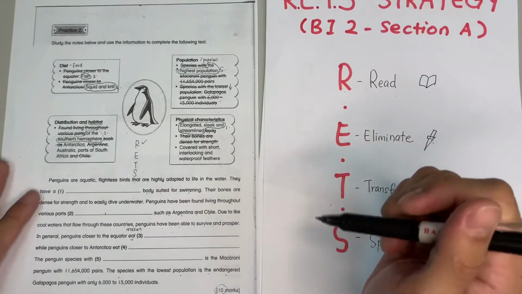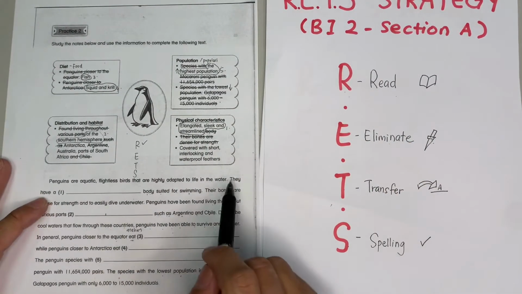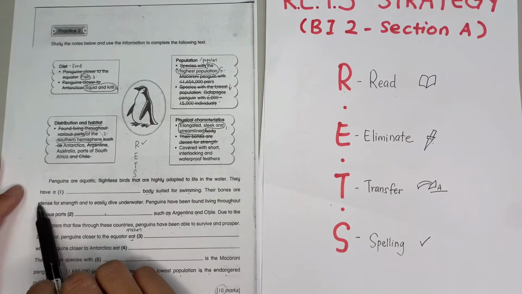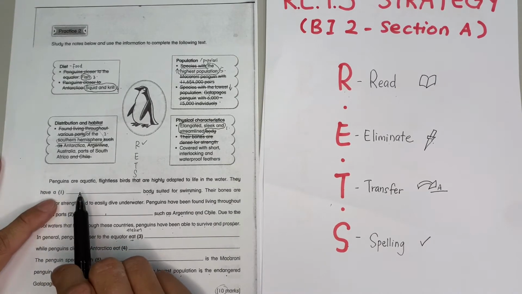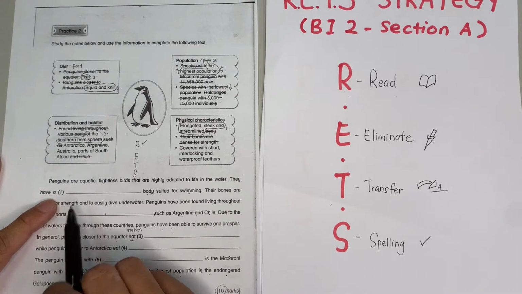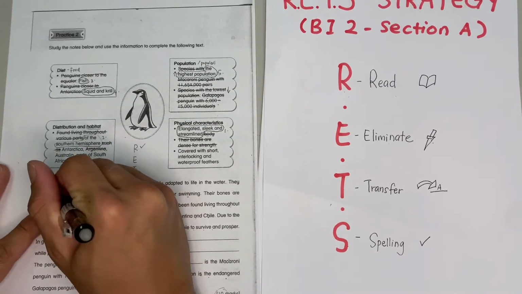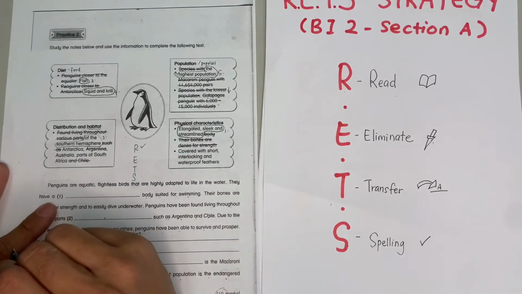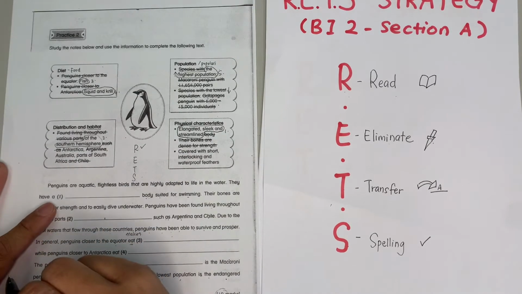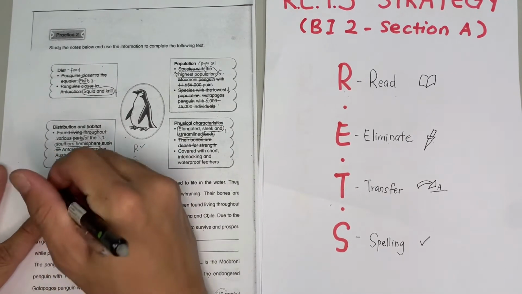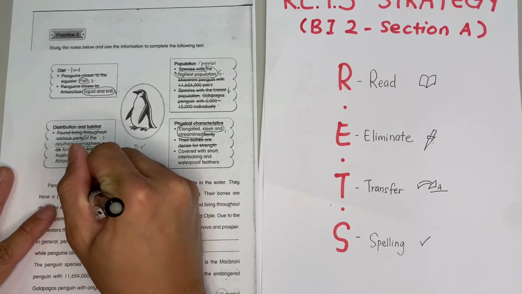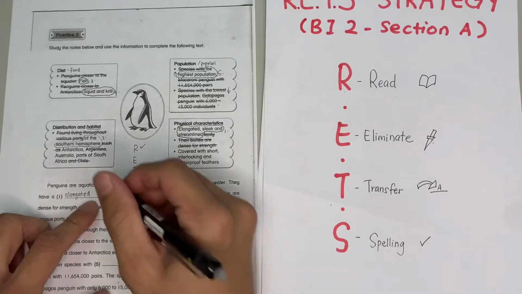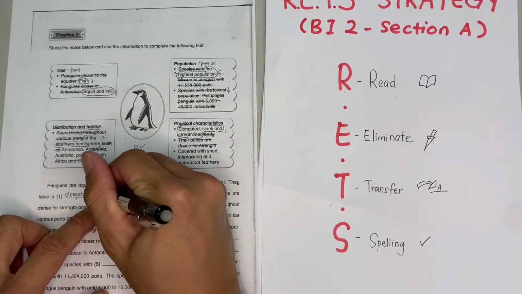Number 1, let's transfer. Okay, they have a... What's the answer for this? Elongated, sleek and streamlined body. Okay, I'm going to write first the answer. It may be wrong, may be right, I'm not sure yet, but I'm just going to copy it first.